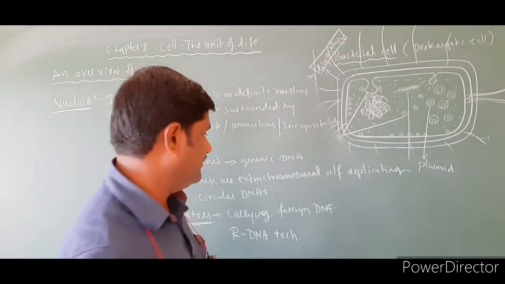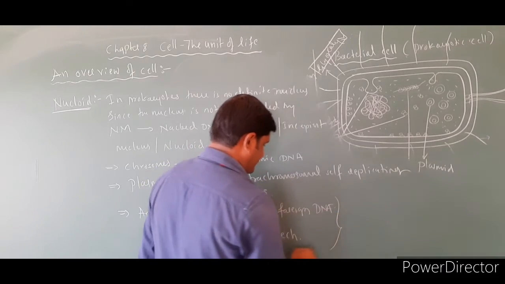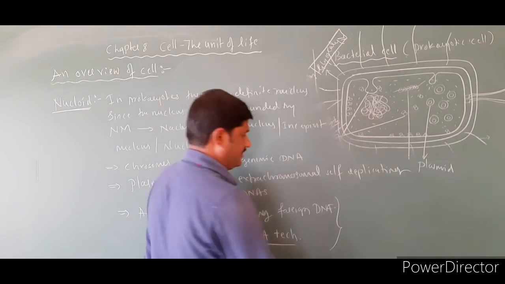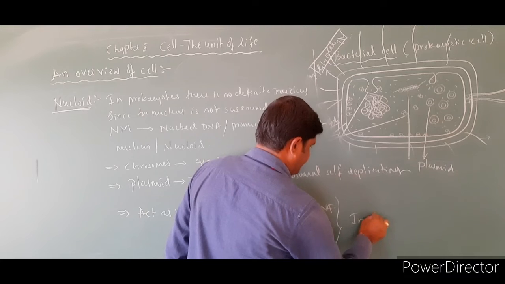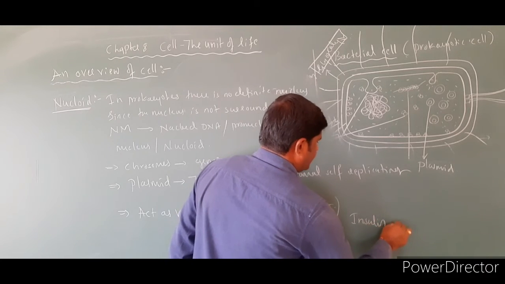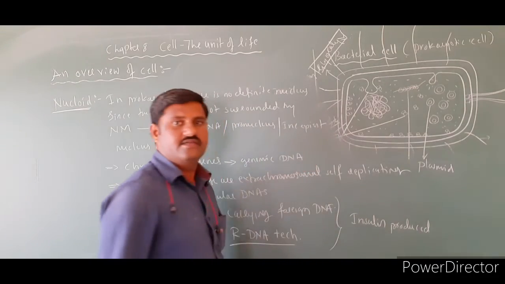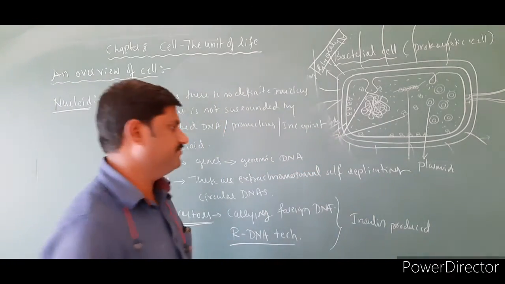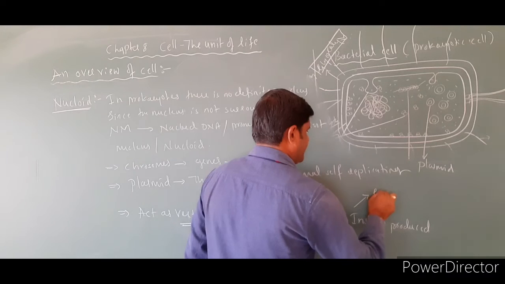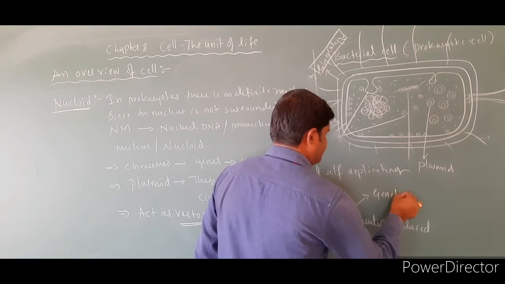An example is insulin, right? As a result of rDNA technology, insulin is produced nowadays by using genetic engineering.